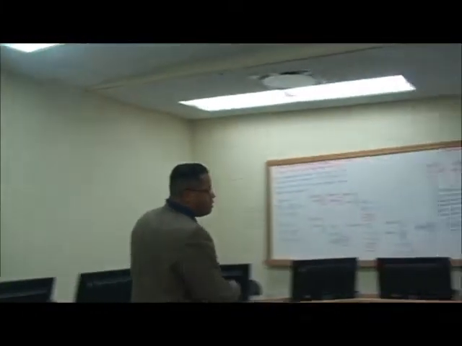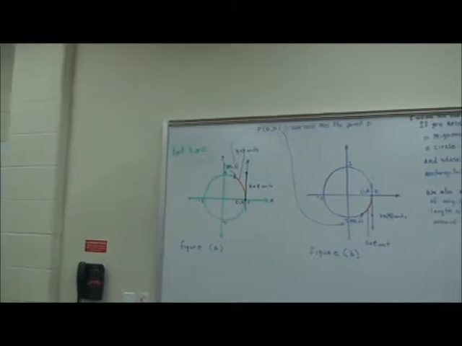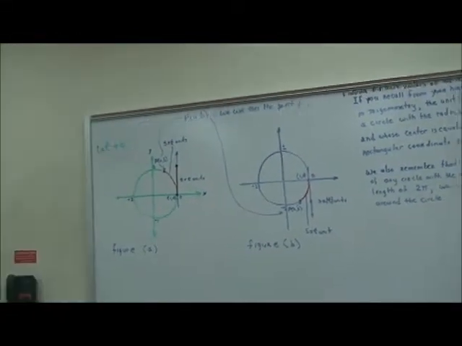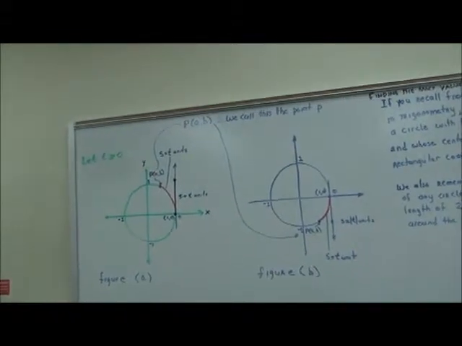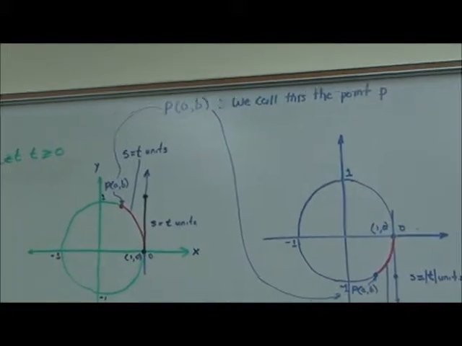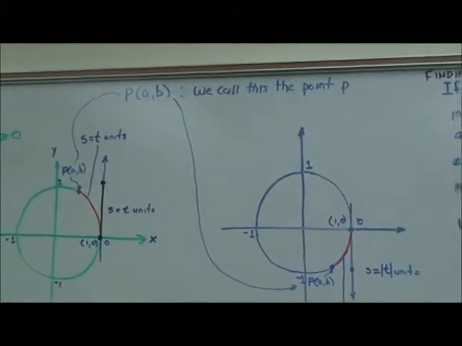Now, let's look at some examples. We have 2 graphs on the board here. With those graphs, we have P at a point AB, and we have S equal to T units. This is what I did.